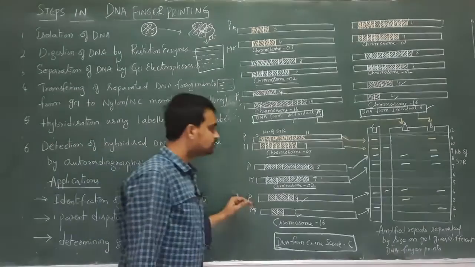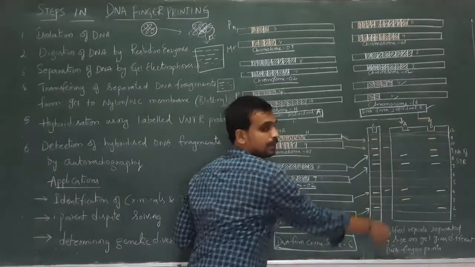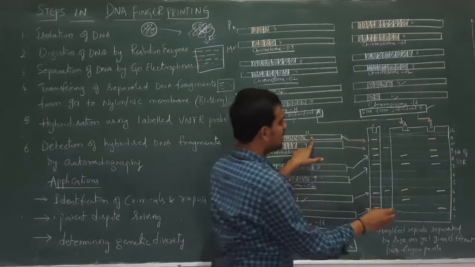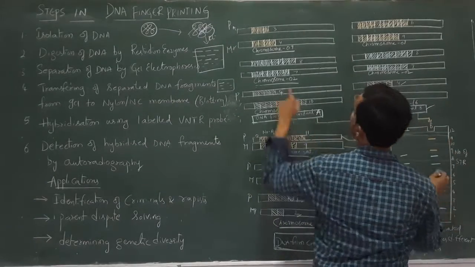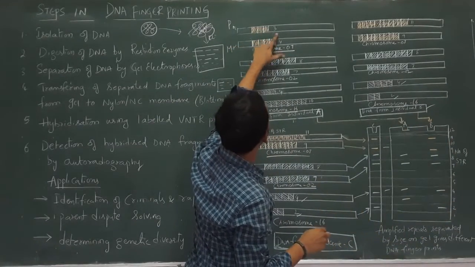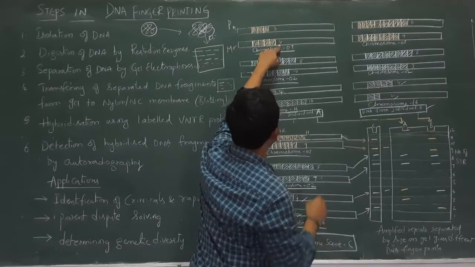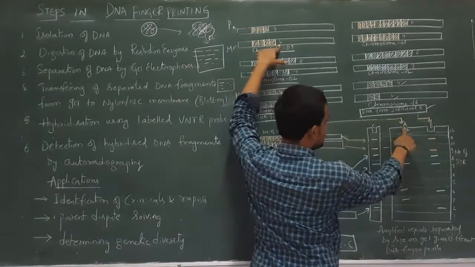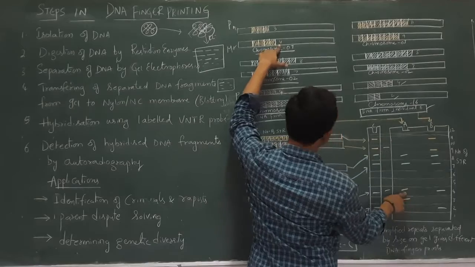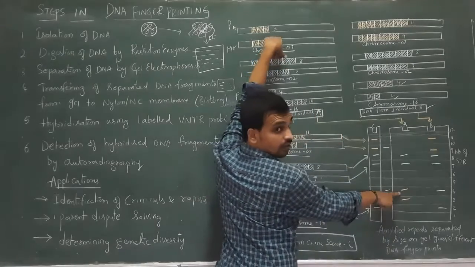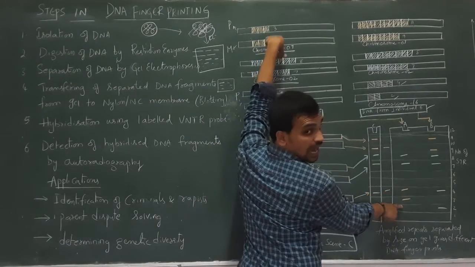Here, the bands. If you see the bands, here is the number of tandem repeats. First you can take here 3 tandem repeats and 4 tandem repeats. In case of individual A, 3 tandem repeats, here in yellow color, and here 2 tandem repeats.